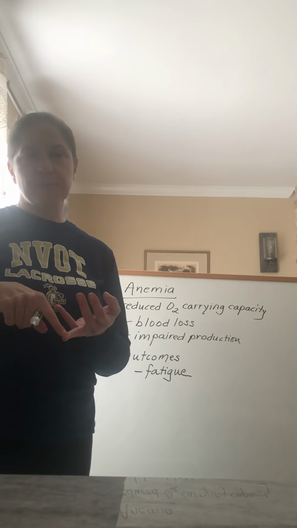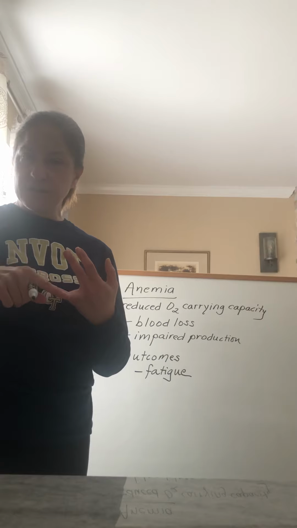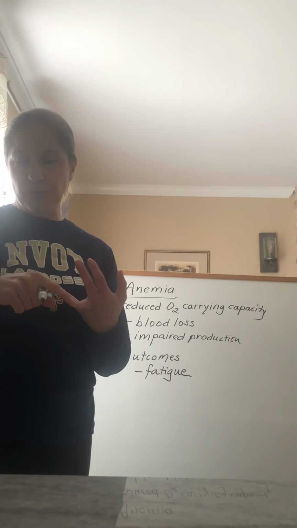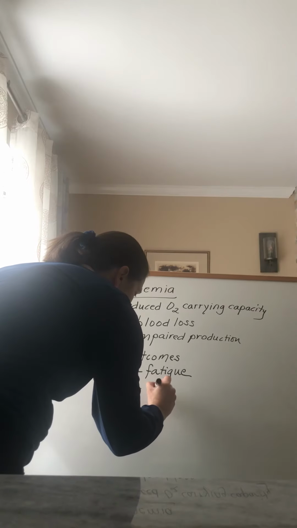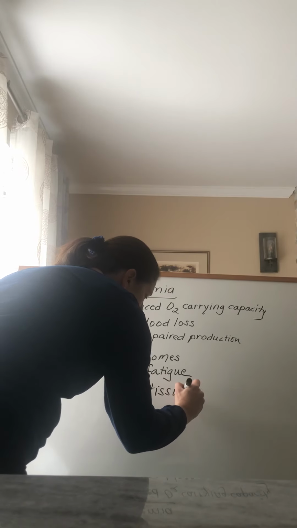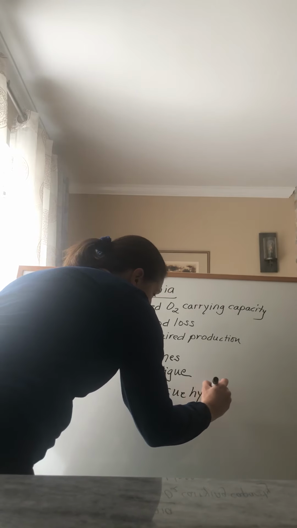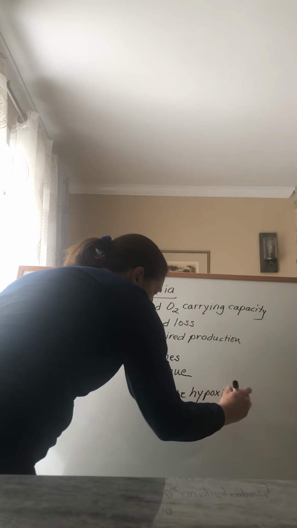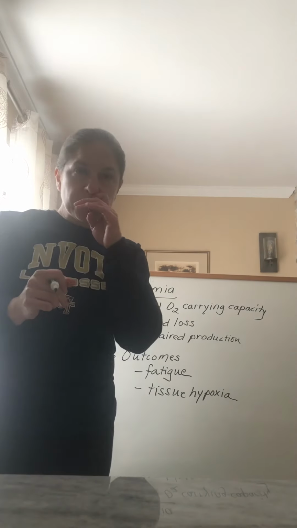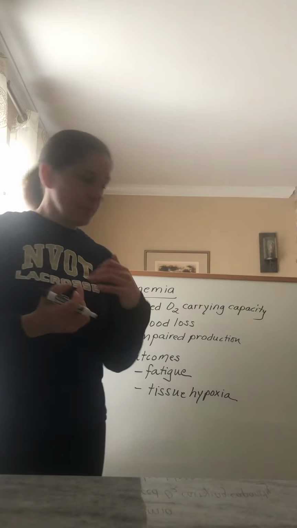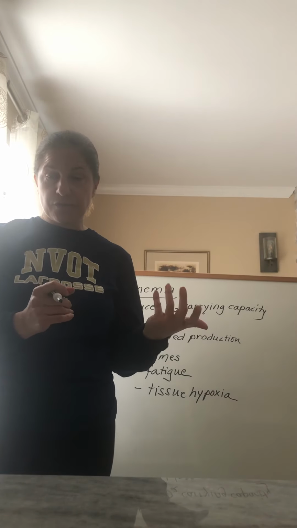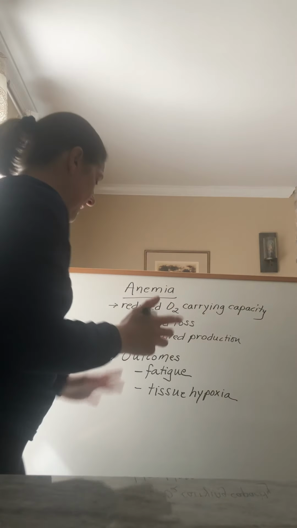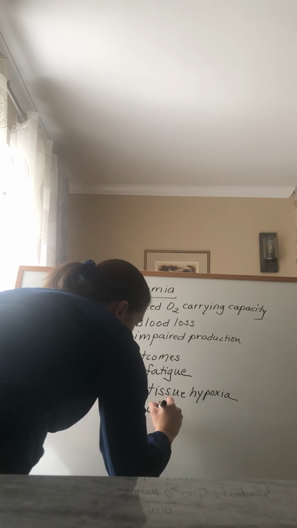They're going to absolutely have a decrease in the level of oxygen in their bloodstream, so they're going to feel fatigue, right? We could have tissue hypoxia. Right, so we might have hypoxemia, which means we have a reduced oxygen load in the bloodstream, but also tissue hypoxia if the tissues are being denied oxygen for long periods of time. And then changes in pallor.